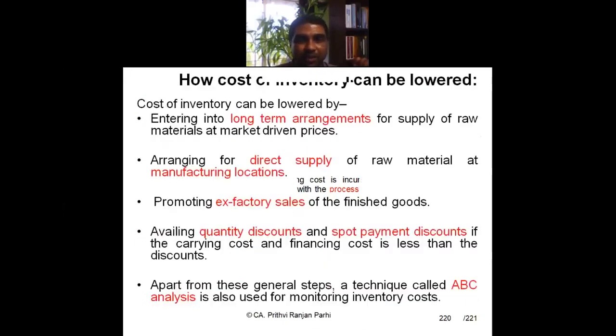Now we will learn how to effectively manage the inventory cost. Various options are available. We can enter into long-term arrangements with suppliers so that inventory cost can be minimized, or direct supply from the manufacturing location so that there will not be any storage cost.